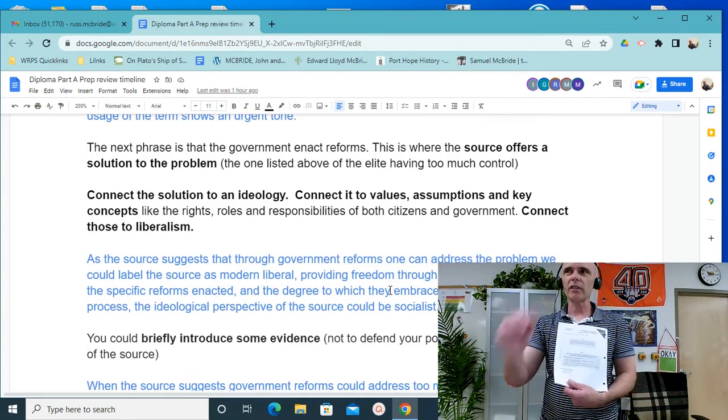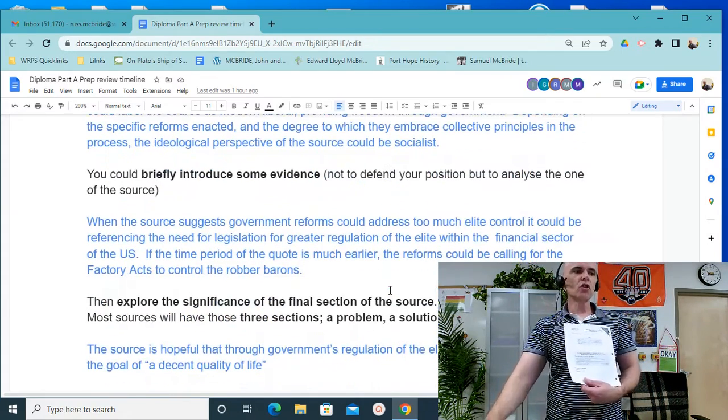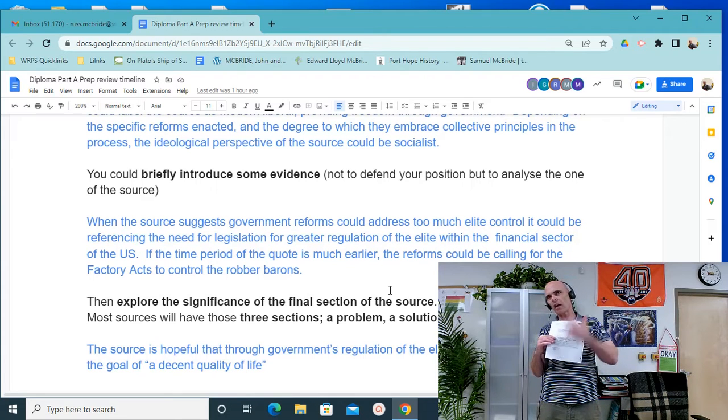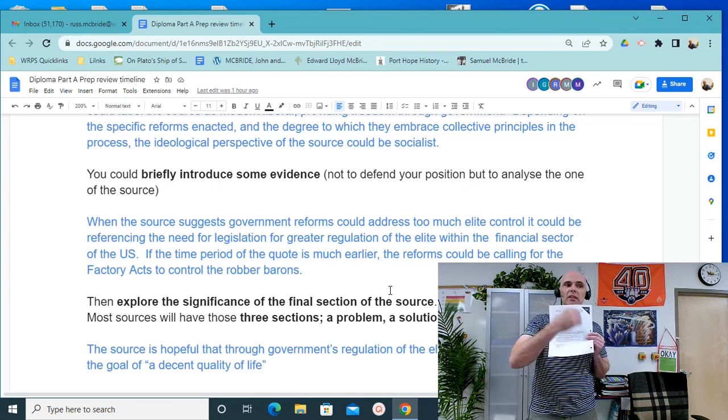So I've clarified the perspective. You could briefly introduce some evidence to further the perspective. Here's a problem. Some students will now write a whole paragraph about evidence. You're not writing a paragraph defending the perspective. You might just introduce evidence to say, to continue the perspective presented, they would point to this or this.